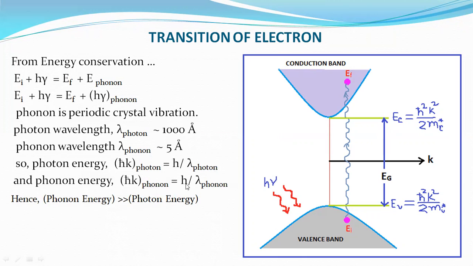If we compare these two, we can see phonon momentum is much greater than photon momentum. So any electron which is accelerating from the valence band to the conduction band with some extra energy, that extra energy is easily absorbed by the phonon.